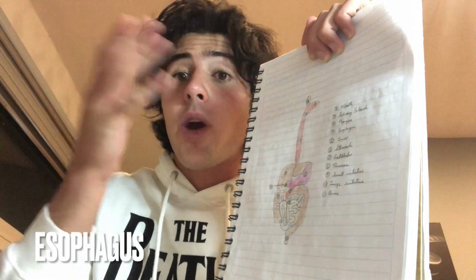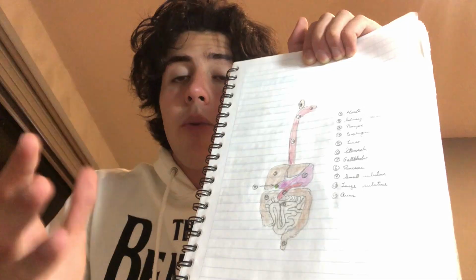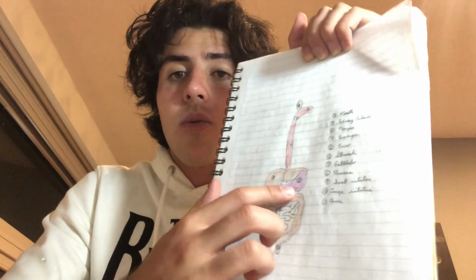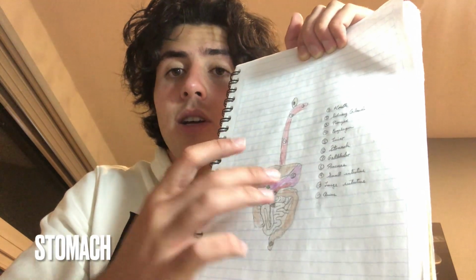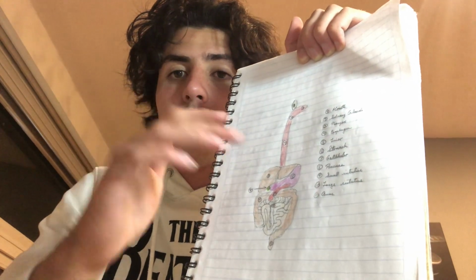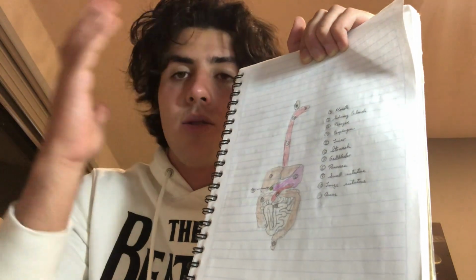After the mouth, where everything starts, we pass to the esophagus, which is the way to get to the stomach. Here the esophagus makes a movement to pass the food, which could be considered mechanical digestion. Then we pass to the stomach, which has a sphincter that blocks the food from going back up the esophagus.